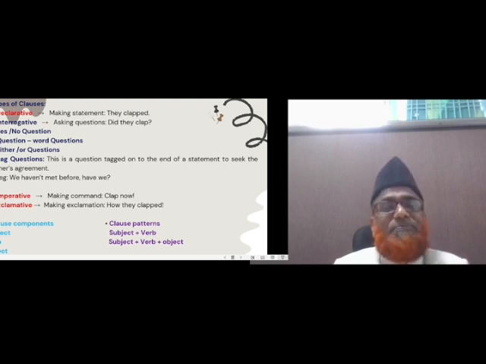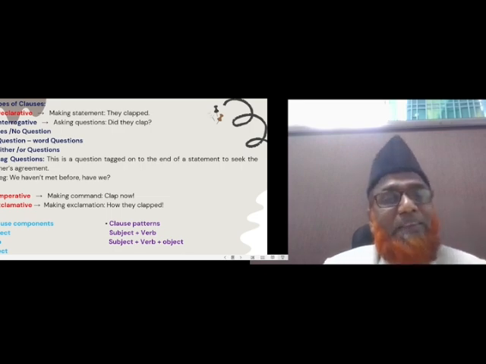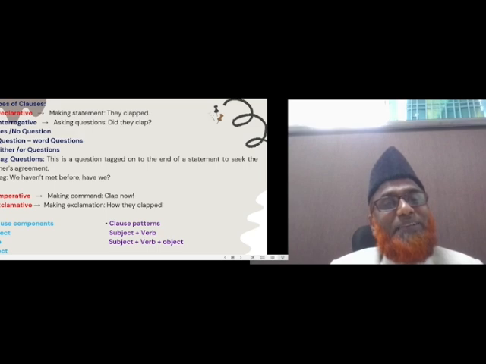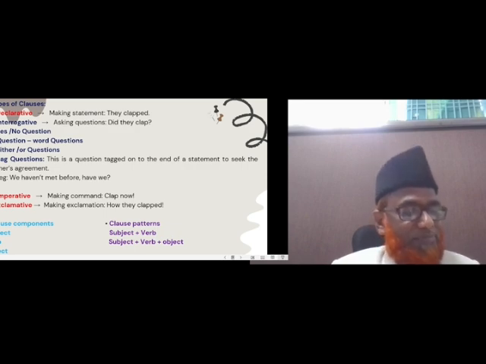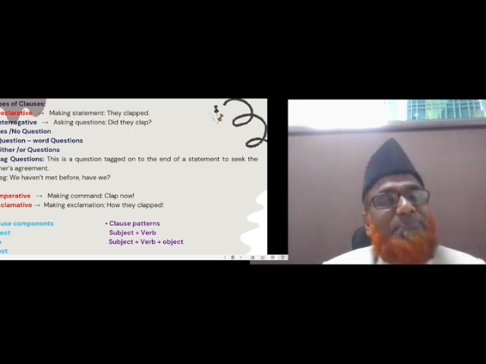I have defined it as a question tagged on to the end of a statement to seek the listener's agreement. To simplify, in Hindi: आप ठीक है ना, आप कैसे हैं, आप ठीक है ना, आप जाएंगे ना, आप पढ़ेंगे ना. This is not a question. This is just seeking permission.